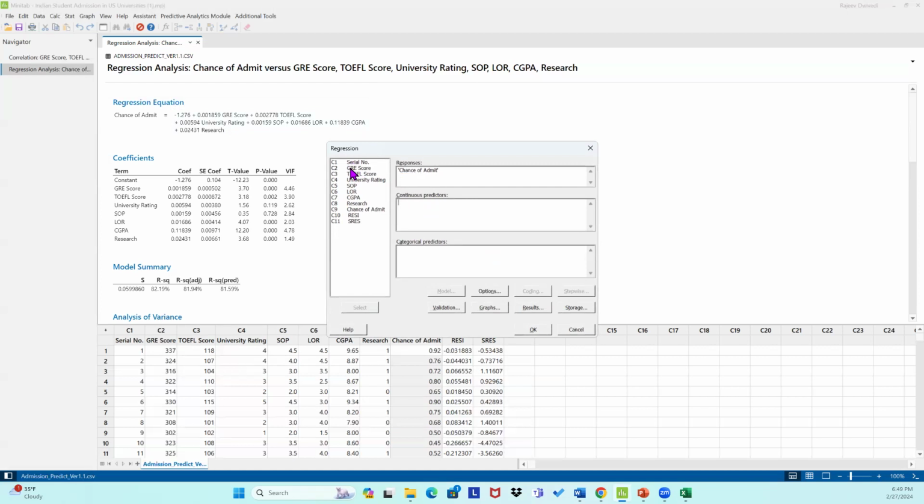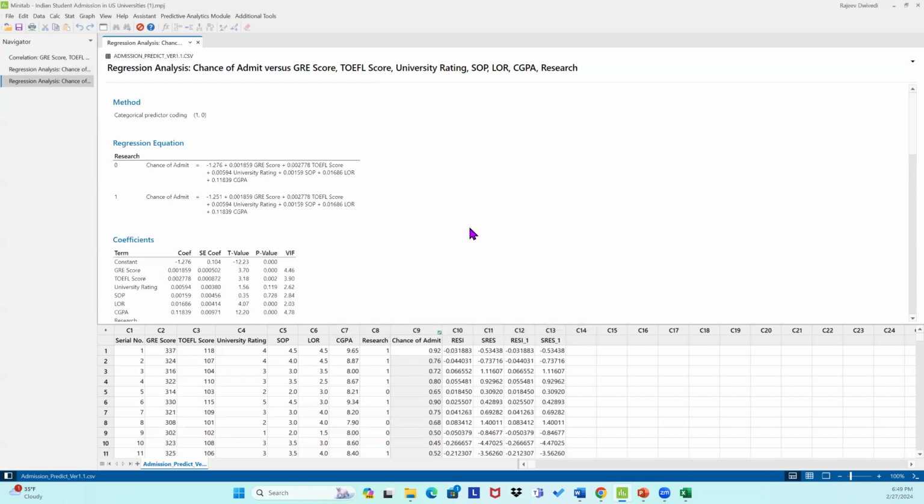So GRE to... okay, let me select this, and research and non-research, let me select here. Now you see this. Basically you make two models, one for research university, one for non-research university, because there are two categories.